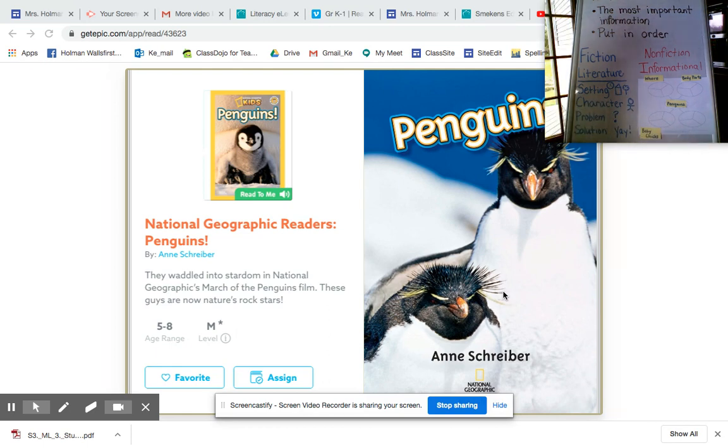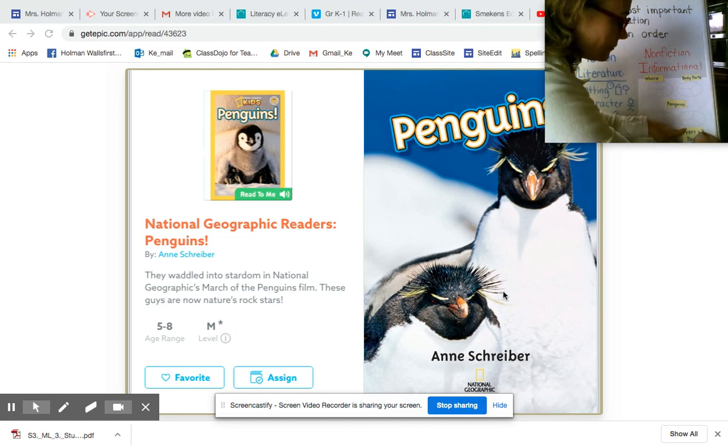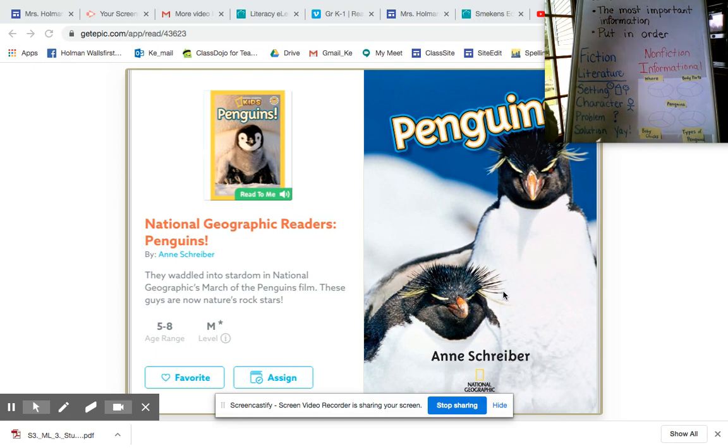And then the last one, there are many different types of penguins. And so that's going to be my last title down here for this oval. And so I'm going to model how I would retell a nonfiction text about penguins.